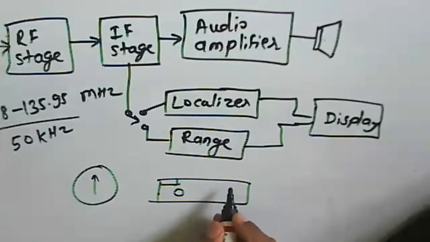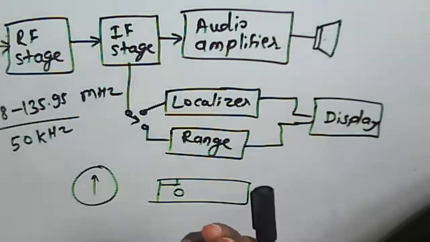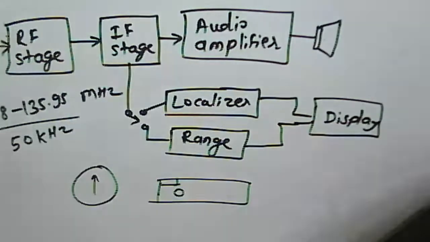So observe the omnidirectional selector there, or the frequency sent by this VOR equipment there. So if you consider this, we have continuing bearing information to obtain the position.